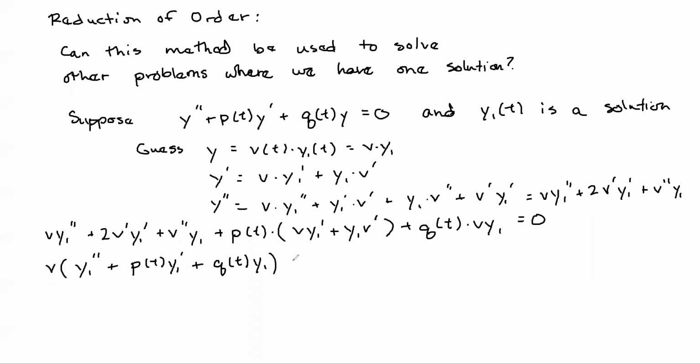All right, and so once we've done that, what's left? So this is used up, this, and this. And so we still have a 2 v prime y1 prime and a p of t y1 v prime. So we're going to have v prime times 2 y1 prime plus y1, right? So it's this term and this term together where I've pulled out the v prime.